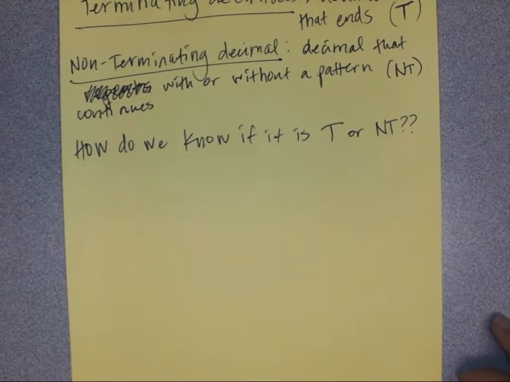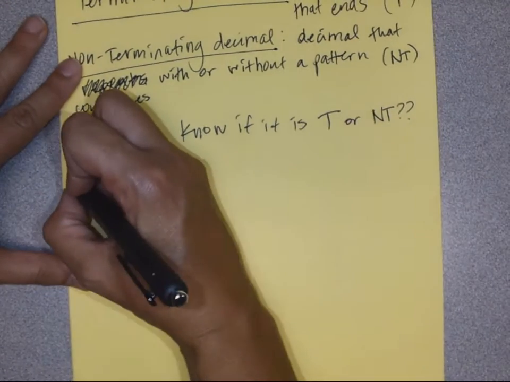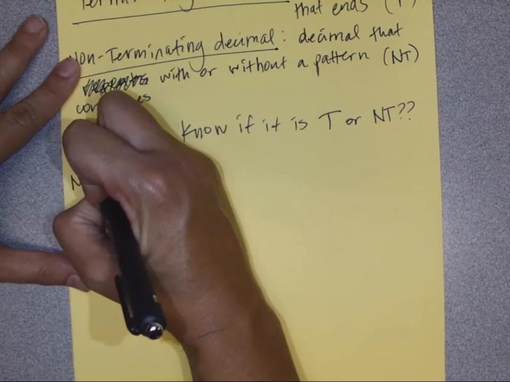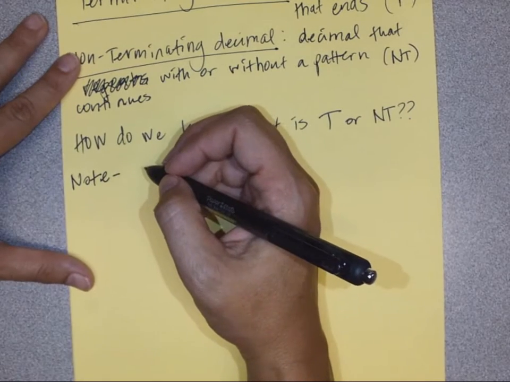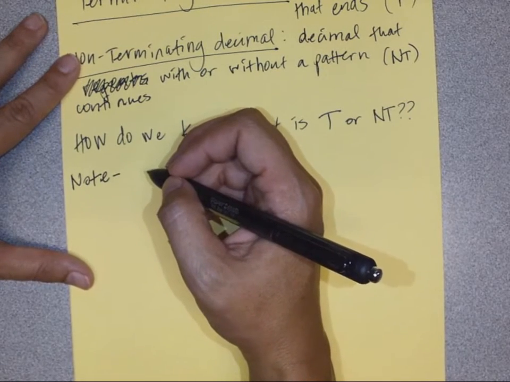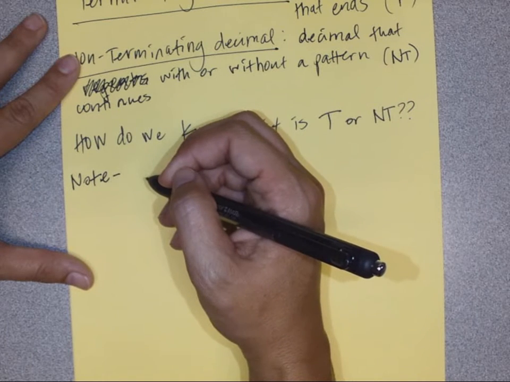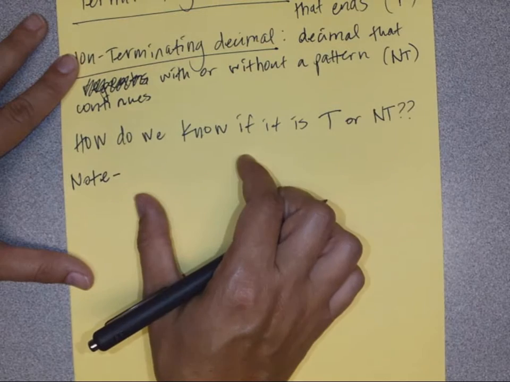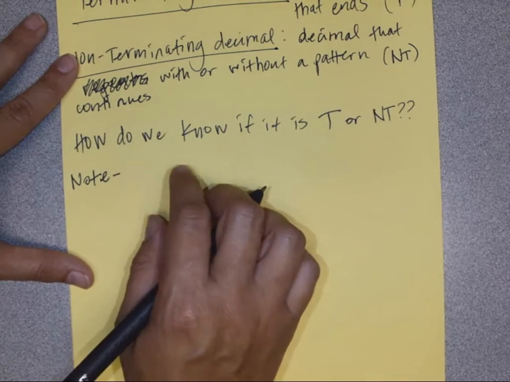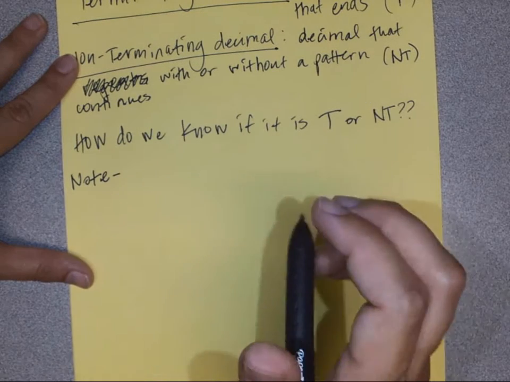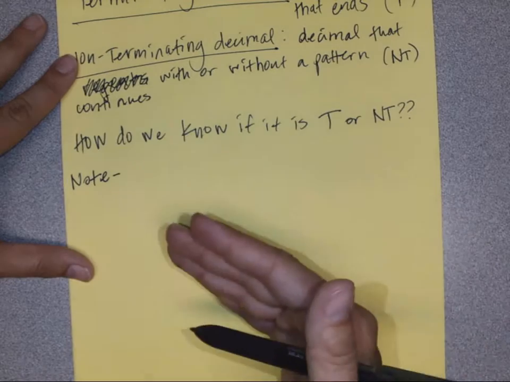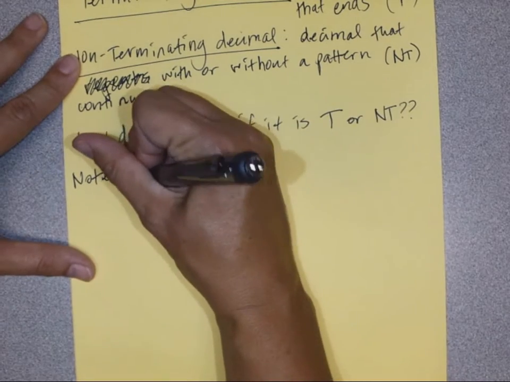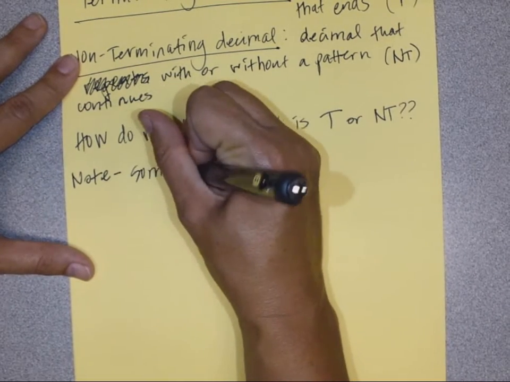And you may just say, just stick it on your calculator. Well, just a quick note, depending on the type of calculator, there are some calculators that don't have very many spaces, and so it's hard sometimes to see if it continues or terminates on a calculator.